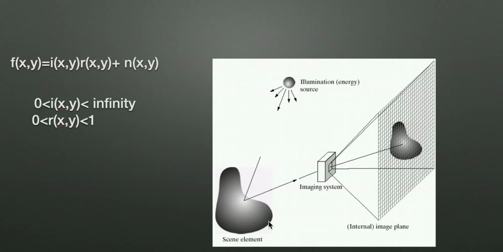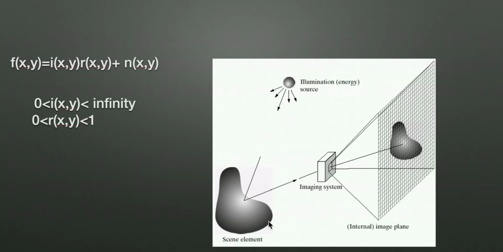And then the reflection is the fraction of the light that is reflected out of the light that is received. That is always between 0 and 1. If 1, all the light is reflected, a completely shiny object, and 0 means it's like a black hole that absorbs all the light. And since we are in the real world, you always have noise.